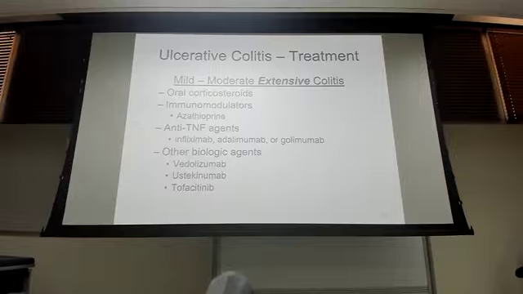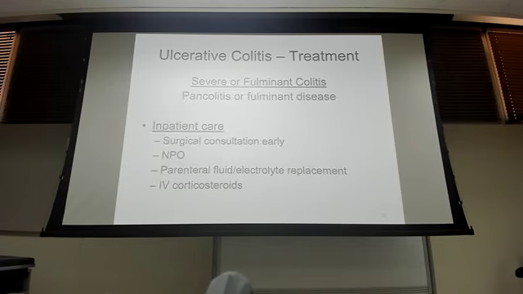So it's mild to moderate. We try the 2 different ways, the 5-ASAs, so we can add that second treatment. If symptoms persist, now we're going to say moderate with extensive colitis. Now we can move into oral corticosteroids, and then the immunomodulators and the anti-TNF agents or the other biologics. And then the next step would be severe or fulminant colitis.